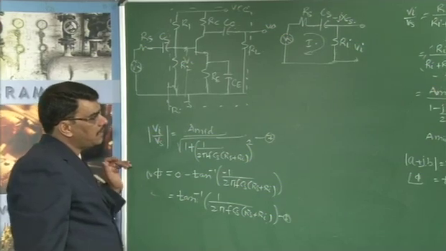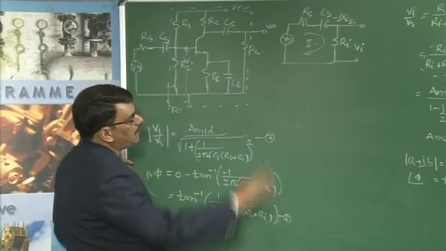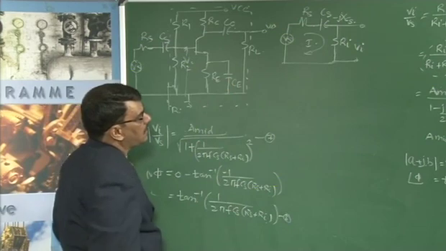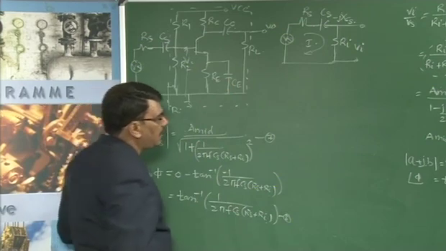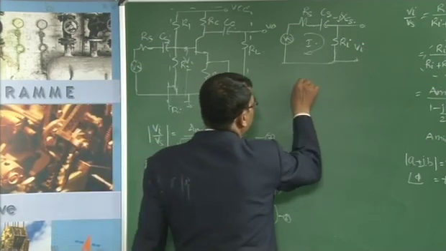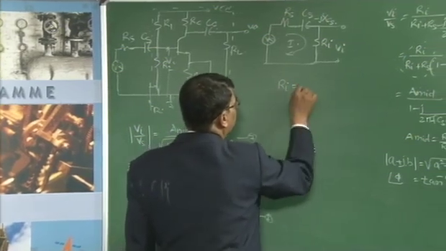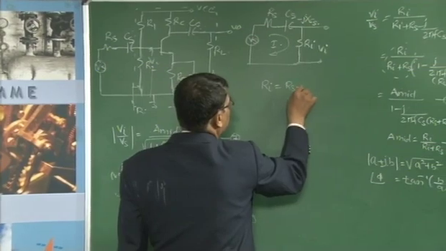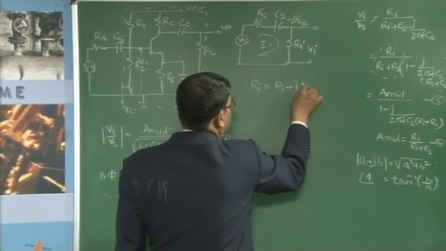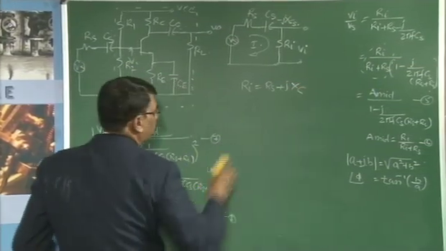According to the maximum power transfer theorem, the input impedance should equal the complex conjugate of the source impedance. Therefore Ri is equal to the complex conjugate of Rs plus or minus j X Cs.